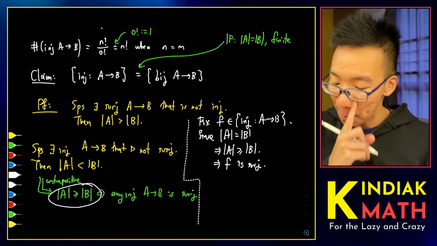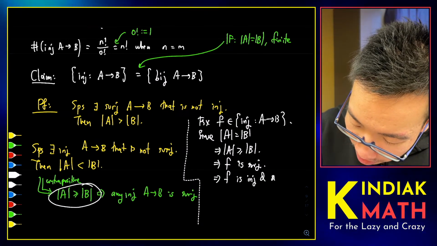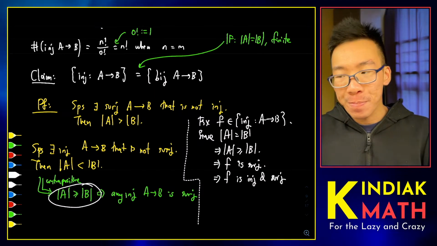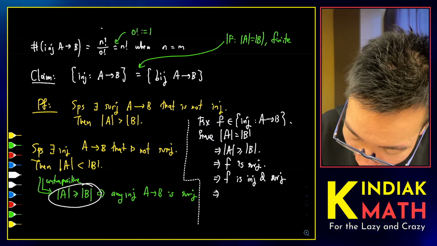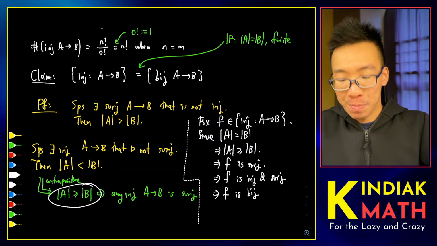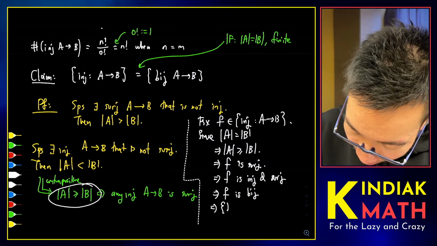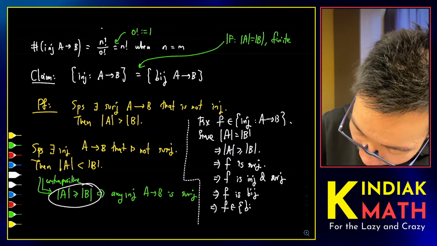Which means that F is injective and surjective. And once you have F being injective and surjective at the same time, F must be bijective, which means that F lies inside the collection of bijections.